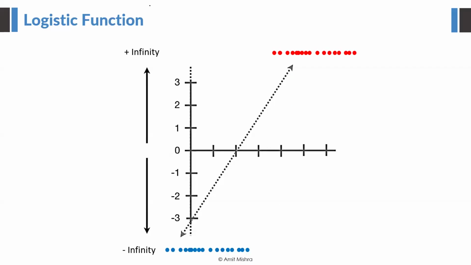Here is your linearity part, logistic regression. This is gonna represent, on the y-axis, the log of odds. It is a linear relationship curve.